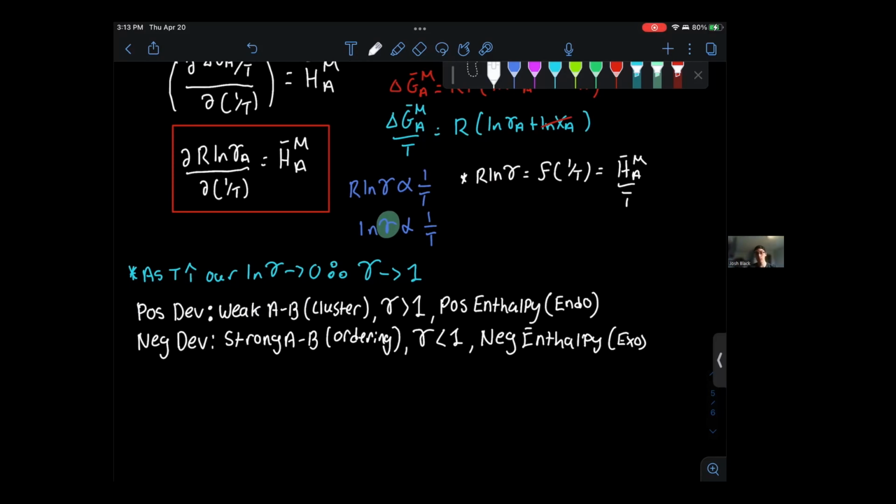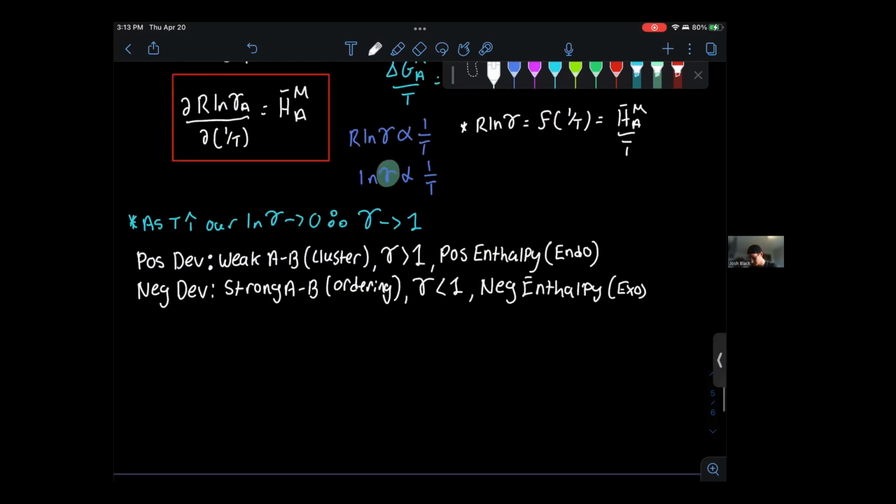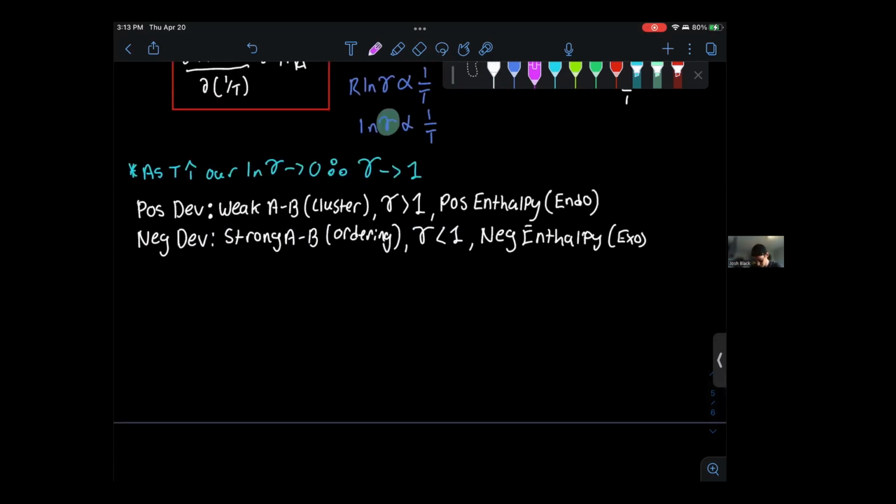Now, how are we going to determine our activity coefficients? This is something that can be a little bit difficult.